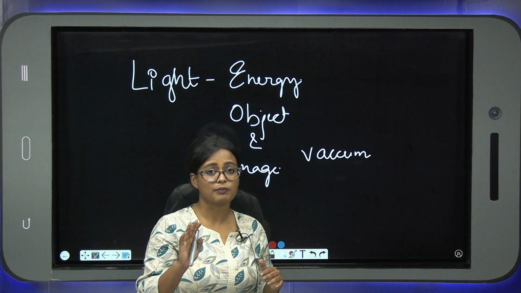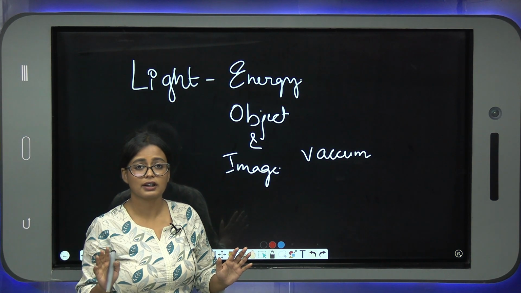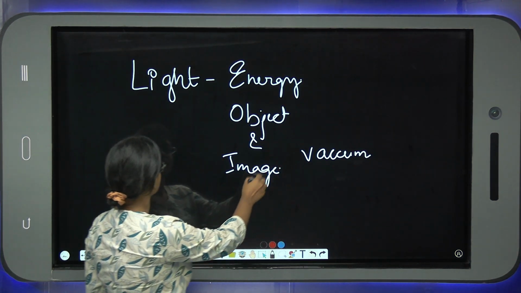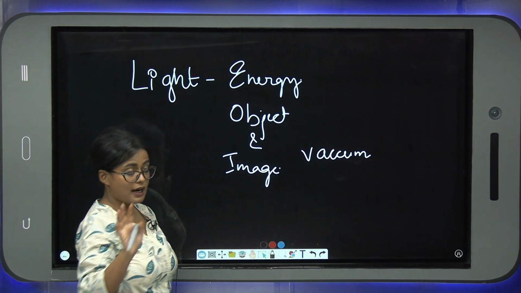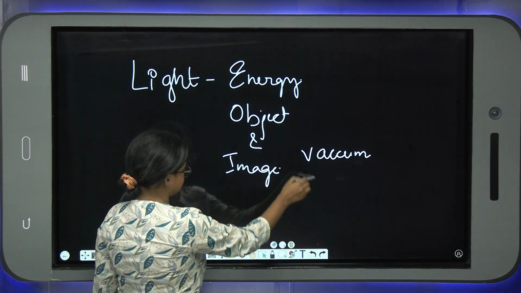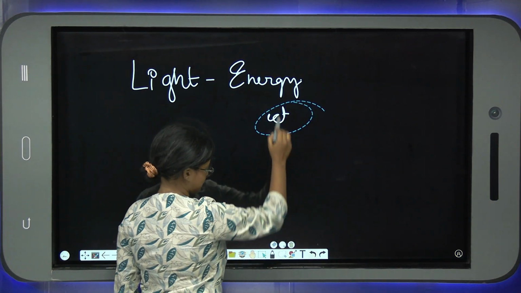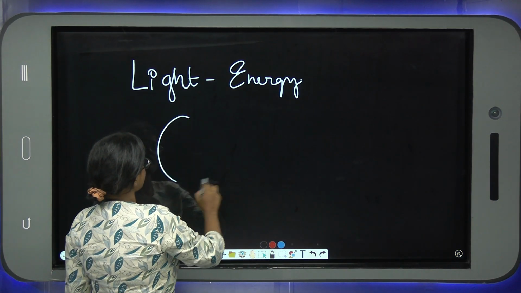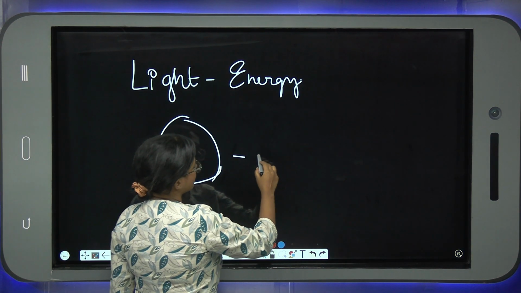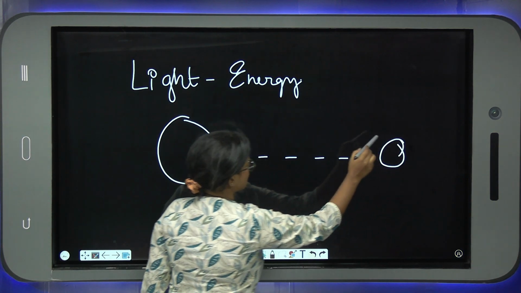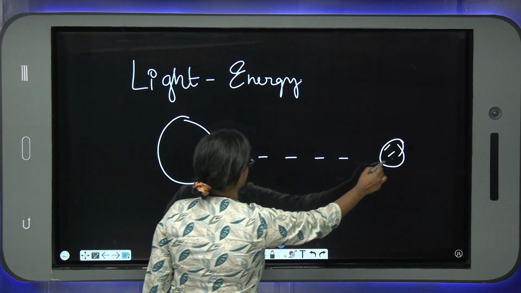Sound needs a medium, but light does not. The biggest example is the sun and our earth. Here is the sun, and a few billion kilometers away, here is our earth.